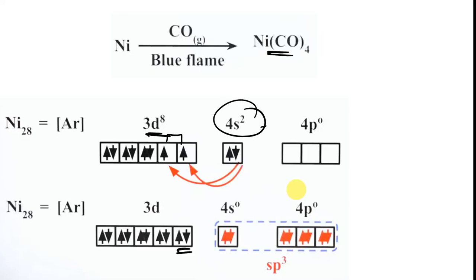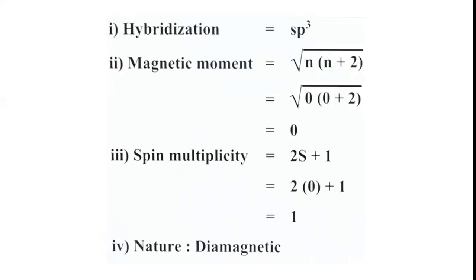Then the carbonyl ligand will place its electrons in the s orbital and p orbitals, that is 1 s orbital and 3 p orbitals. Here the hybridization is sp3, the magnetic moment is 0, the spin multiplicity is 1, and the nature is diamagnetic. So this is what we can get from VBT.